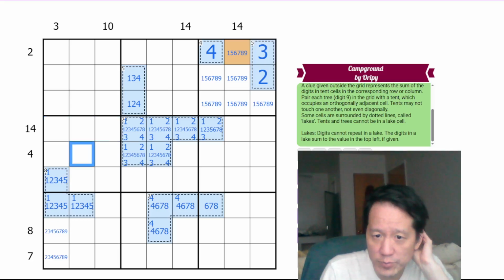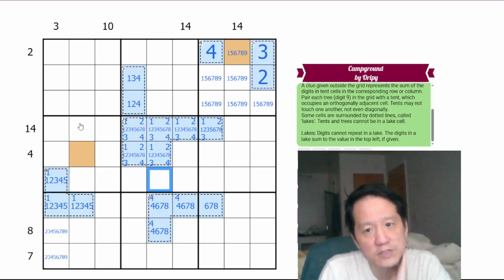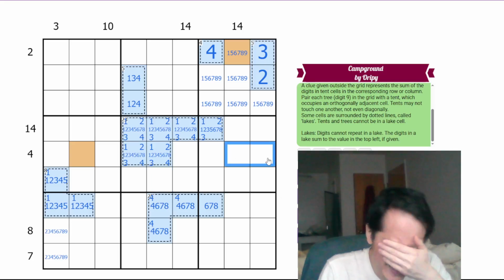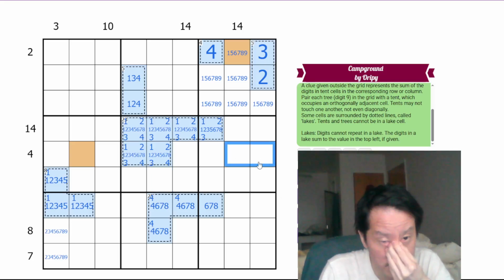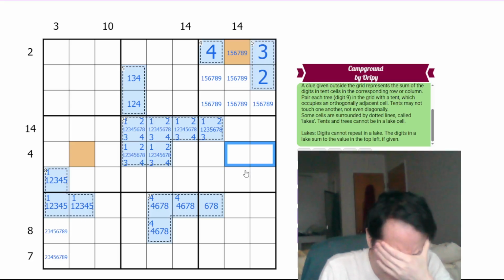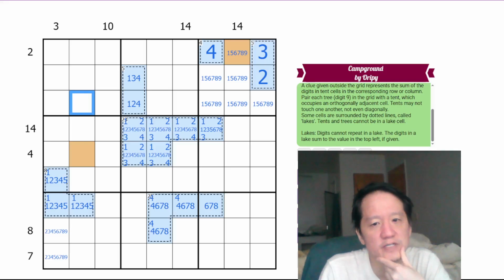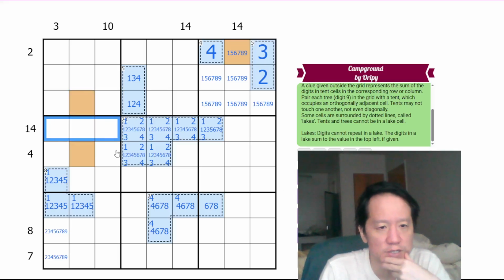So this can never be a tent here because the tents cannot be touching, not even diagonally. This could potentially be a tent. This cannot be a tent either for the same reasoning.